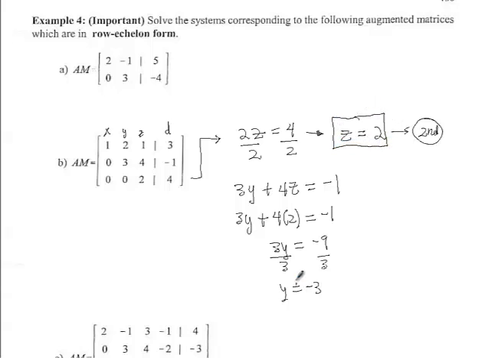So we have part of our solution now. We have the z and we have the y. At this point, we would substitute our z and our y into equation 1, the first equation, first row.